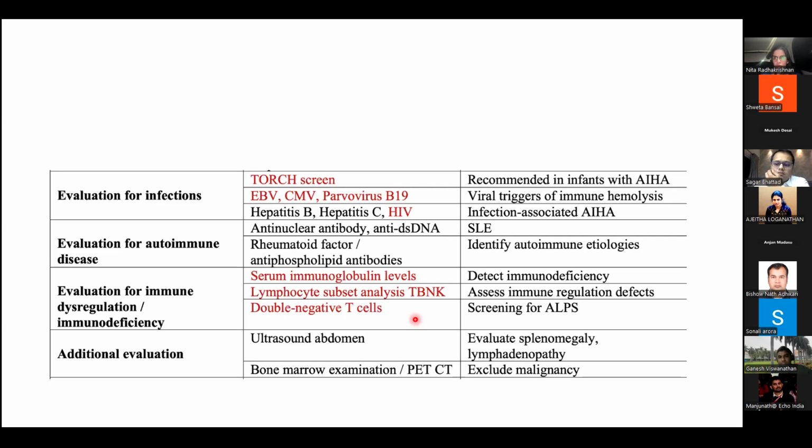But this is more for adult patients who present with cold AIHA, not so significant in our typical patient. What I've seen is that children who present with warm AIHA or mixed AIHA secondary to malignancy often have leukemia or lymphoma, which is reasonably evident clinically at the same time as the AIHA presents. I don't know if you have a different experience, Neeta.